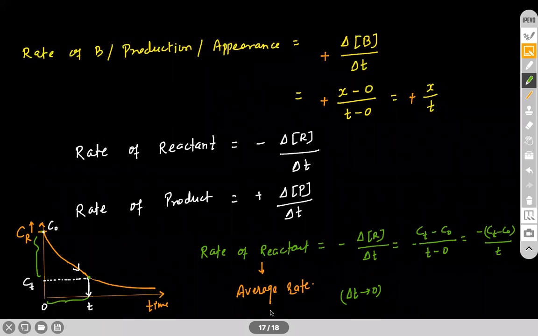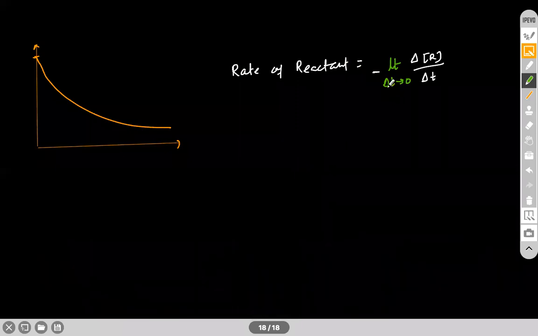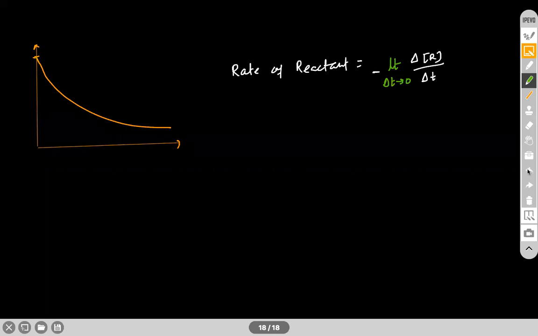So what is that condition we'll see here. When delta t tends to 0, it means the two points will be very close to each other. Any two points we can take. Suppose I'm taking the point over here, for any concentration value. These two points are very close.